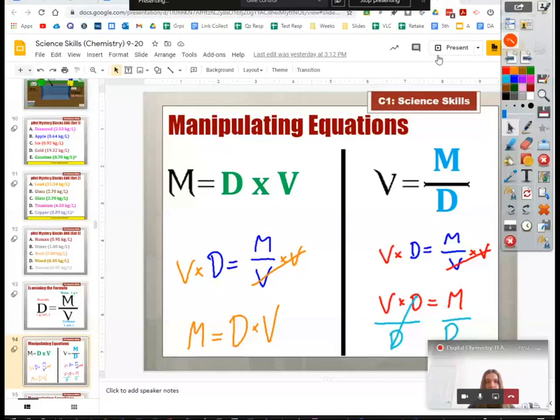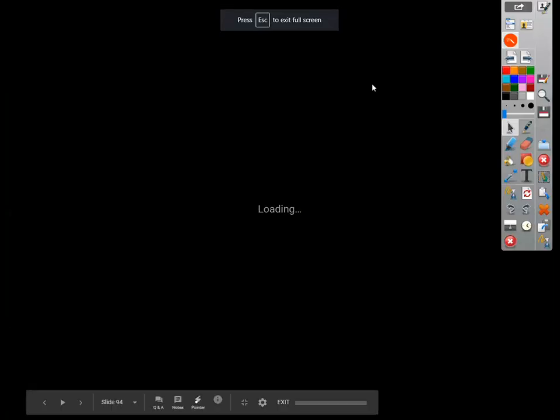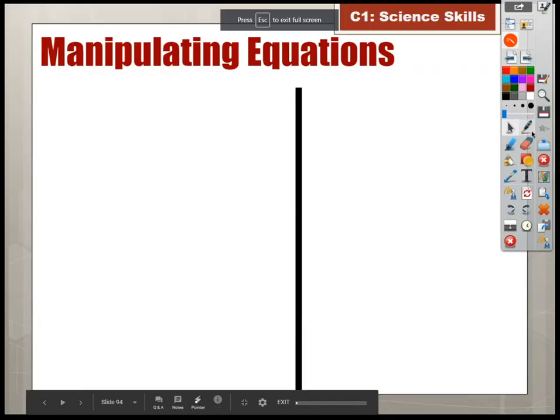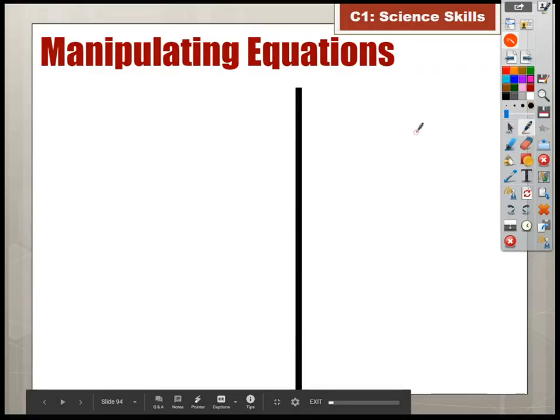Why are you not letting me select things? There we go. Okay. So I'm going to load the other tool. You're going to have a little bit of inception for a minute as this reloads. Okay, so here we go. Now I loaded my secondary drawing tool.